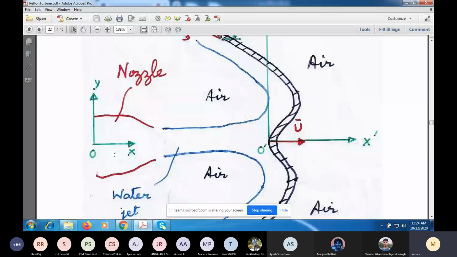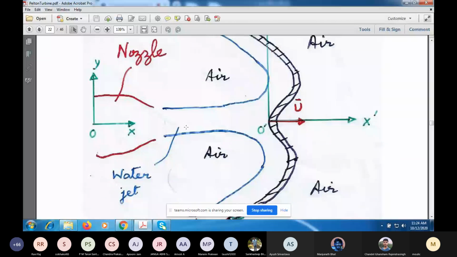If you have an observer sitting here in the moving frame, the fluid velocity relative to him will be Vj minus U, where capital U is the speed of the bucket. So you will have a streamline, the central streamline, which will move this way, and the relative velocity at this point O prime will be 0. The relative velocity just at the exit of the nozzle will be Vj minus U.